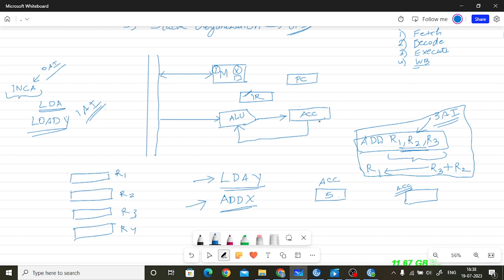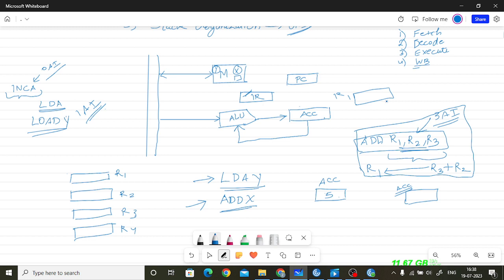Okay, so in the accumulator you will be getting the result of addition of the contents of two registers R3 and R2. Okay, and from accumulator it will be loaded to the register R1. So this will be taking place like this.